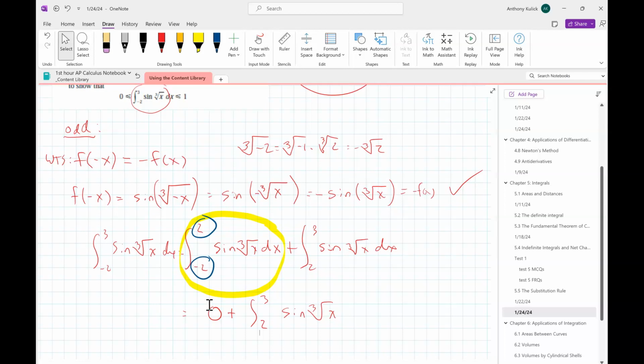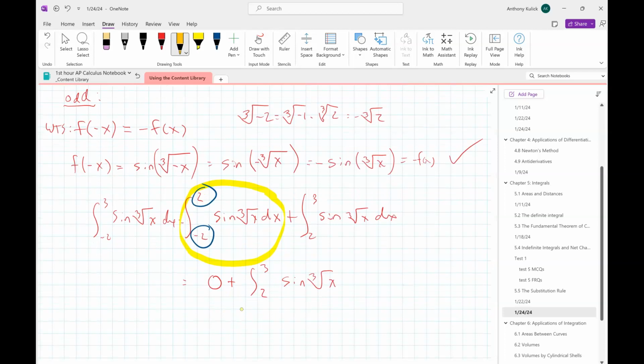Okay. So now all I need to do is to show that this is somehow bounded between 0 and 1. Everybody's okay with that?